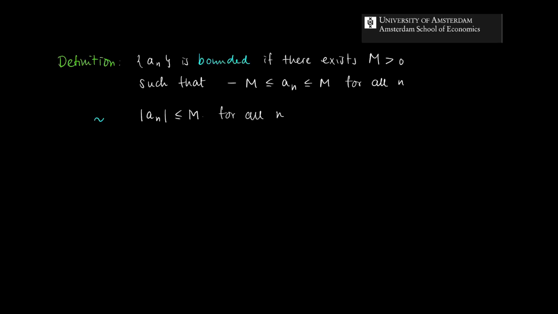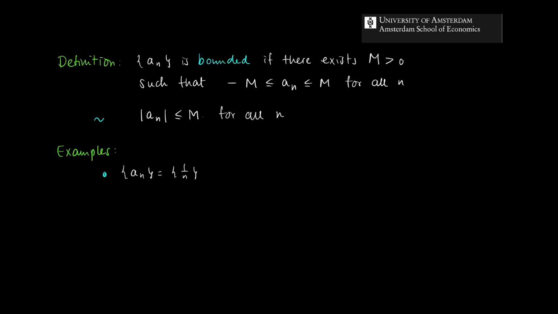Okay, so let's see in the previous examples which of the sequences we've seen are bounded. The first example we had was a_n equals 1 over n. This sequence starts with 1. The second element is a half, 1/3, etc. So we see that all the elements are covered by the interval 0 to 1.